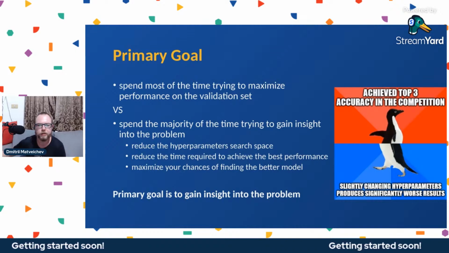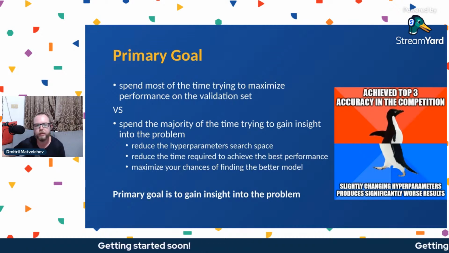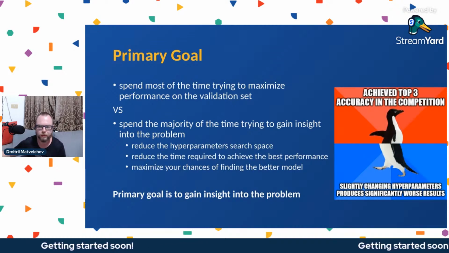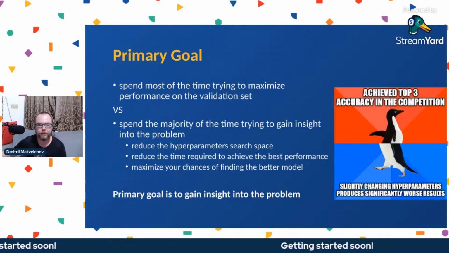If you participate in some competition, you may get a hyperparameter set that gives you top 3 accuracy in the competition, but then you slightly change hyperparameters and the performance of the model only drops and never gets better. And some time passes by, your model is not top 3 anymore, it's maybe top 5 or top 10, but you cannot improve your results anymore because you just keep using random search or something.